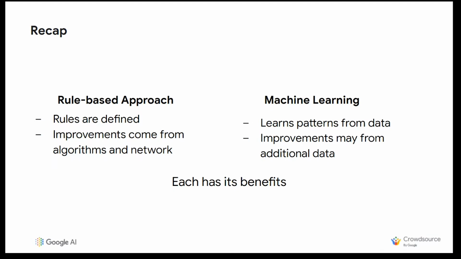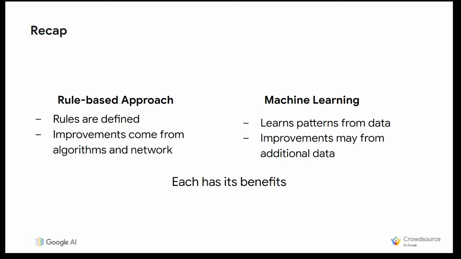So rules-based approach, as all of you mentioned, the rules are defined by the programmer, and the improvements come from the algorithm that we are giving to the computer to solve that particular problem. While a machine learning approach is an approach where the machine basically learns patterns from the given data. And any improvements that come are basically a part of giving additional data.